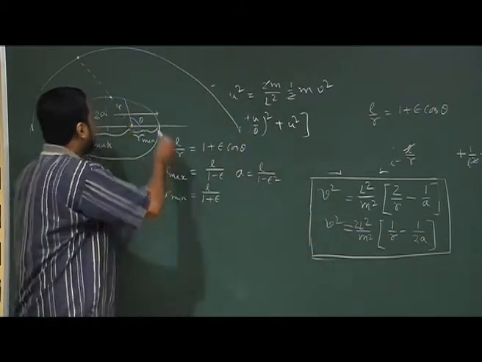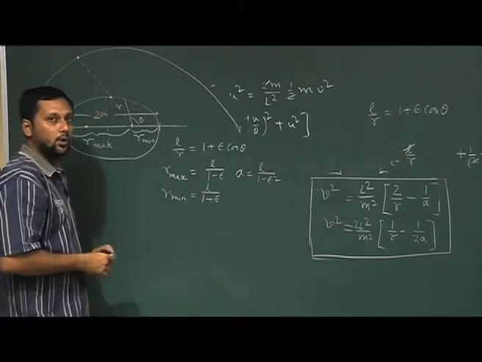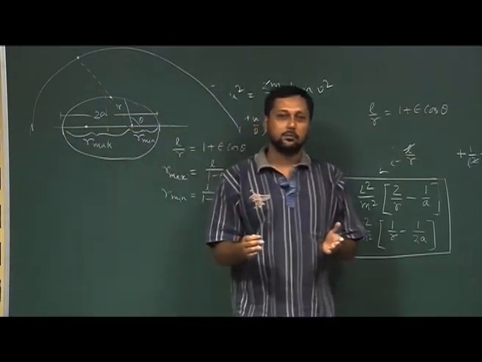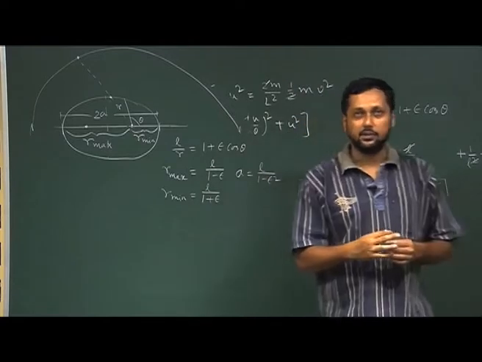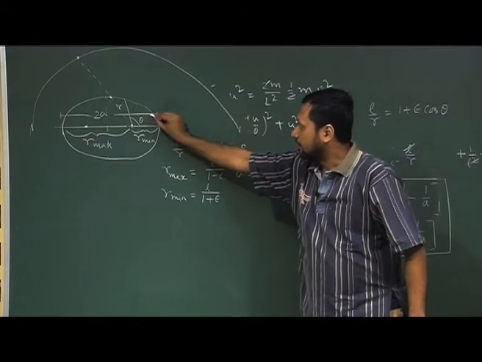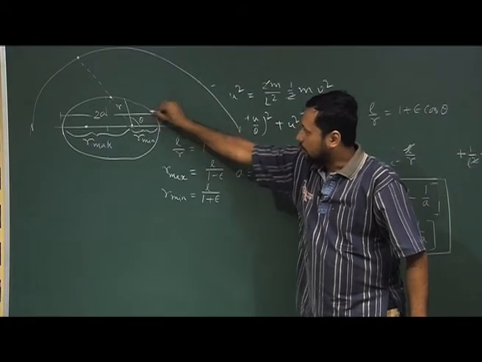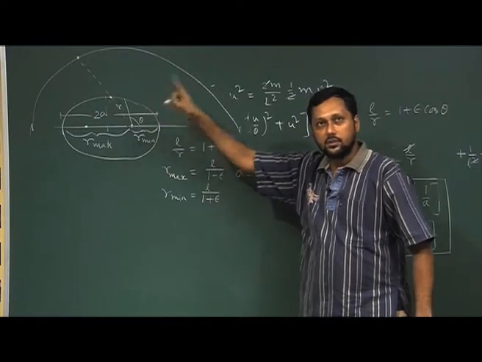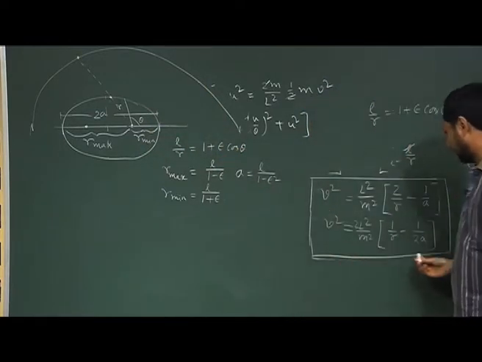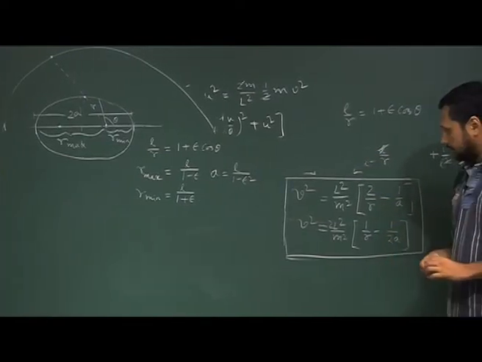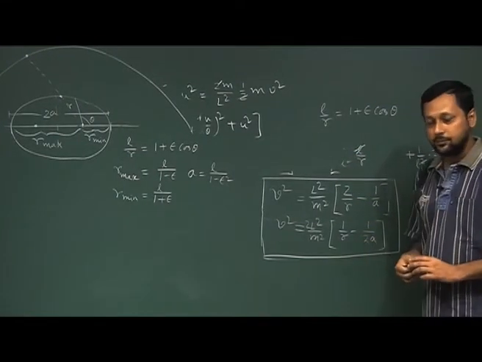So, the velocity at any point on this elliptical orbit is the same velocity a mass point will achieve if it is dropped from any point on this big circle and ends up on that point of the elliptical orbit. So, this is the physical significance of this particular result. Please keep that picture in mind, because it is sometimes very useful in understanding certain phenomena.